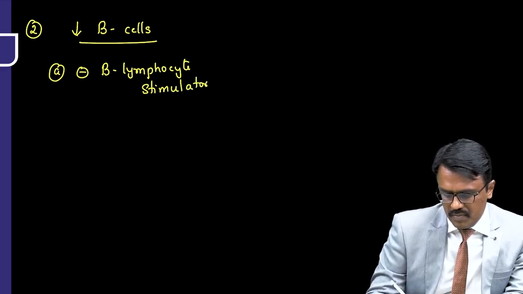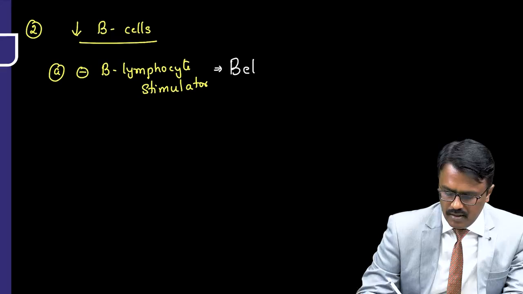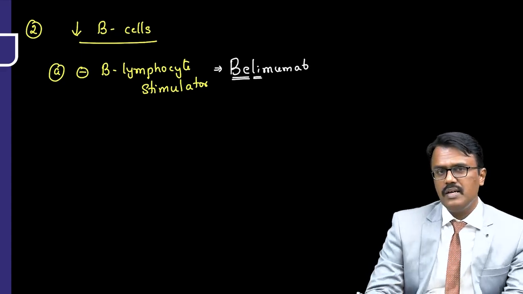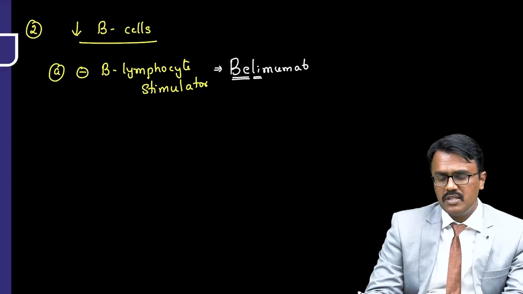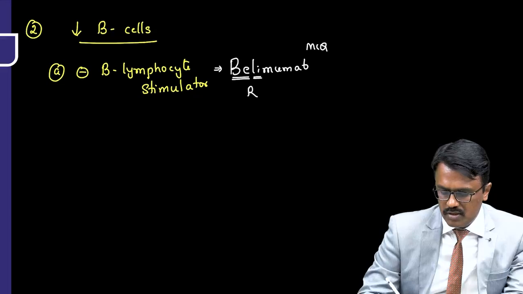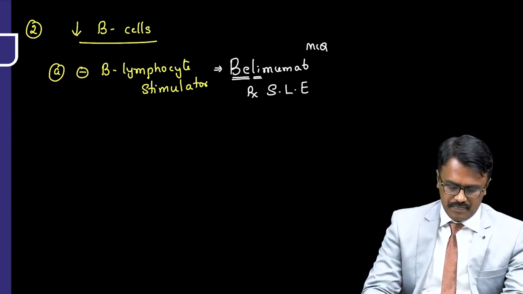And what is the drug name which inhibits B lymphocyte stimulator? The name is belimumab. So it lowers the immunity. So it is the inhibitor of B lymphocyte stimulator. So this was asked as an exam question. It is used to treat another autoimmune disorder, SLE, systemic lupus erythematosus.